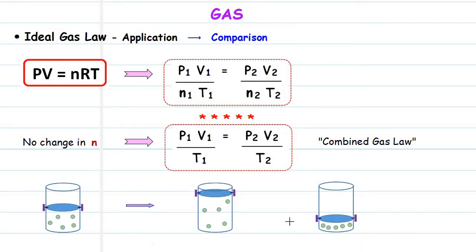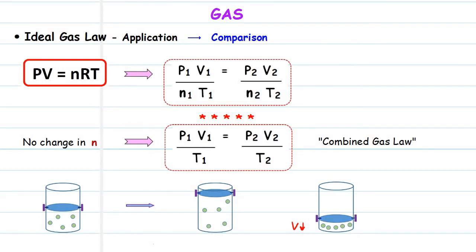In this case, we change the volume by decreasing it. Again, the amount of the gas, or n, remains 5 units. So these are the cases where n is unchanged, and we may be able to use this combined gas law to solve certain problems accordingly, depending on what information they give us in the exam.